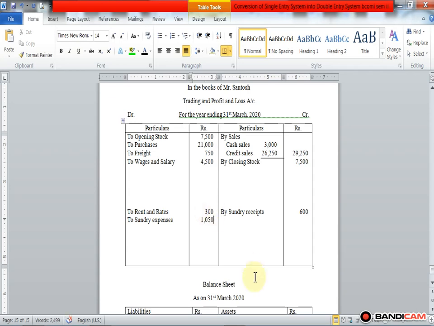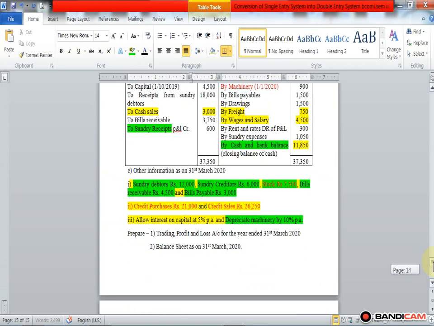Okay, 1050. So we transfer all the items related to trading and profit and loss account.